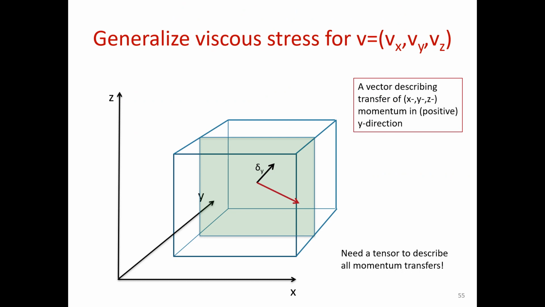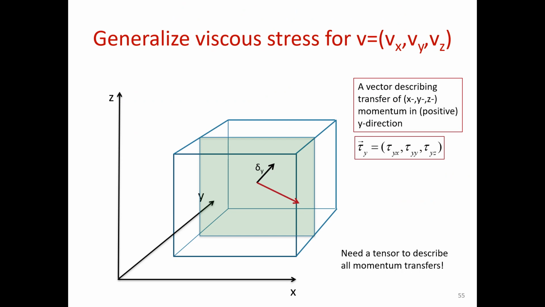Are you stressed yet? So we have 9 versions of this tau yx. When I'm looking at just this y plane in the general 3D case, x momentum transferred across the y plane is tau yx. That corresponds to my rho Vx, the x momentum. Then I have y momentum transferred across the y plane, and z momentum transferred across the y plane.